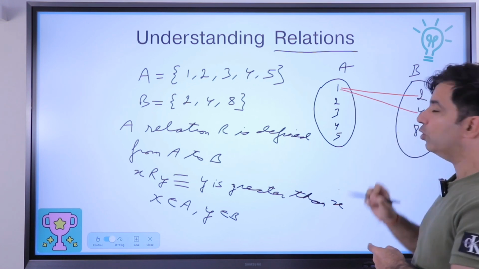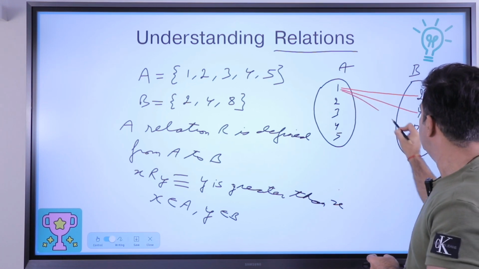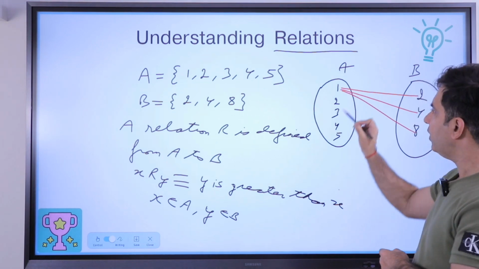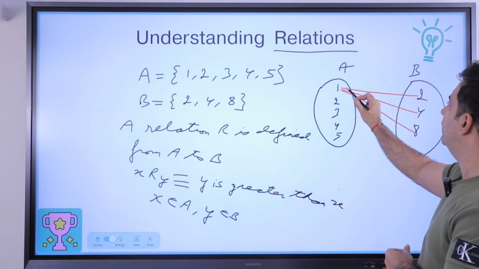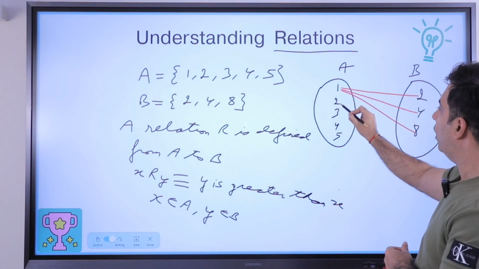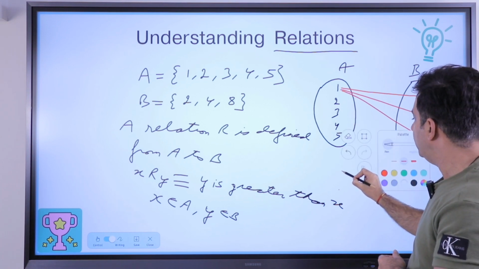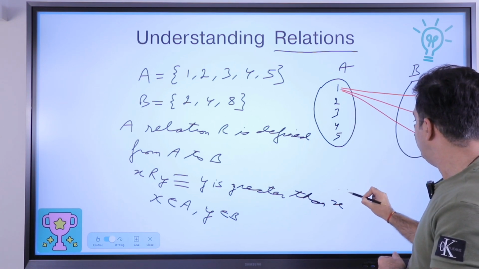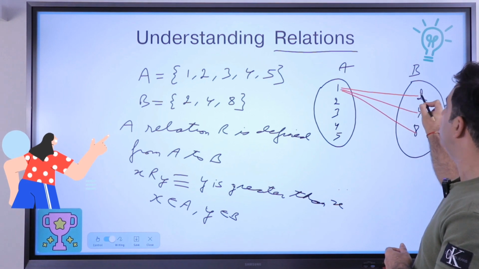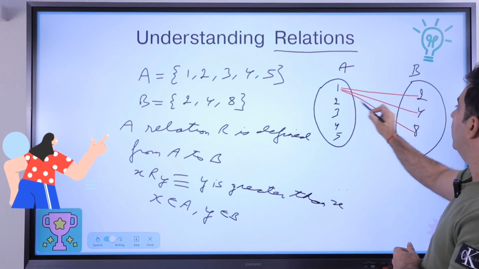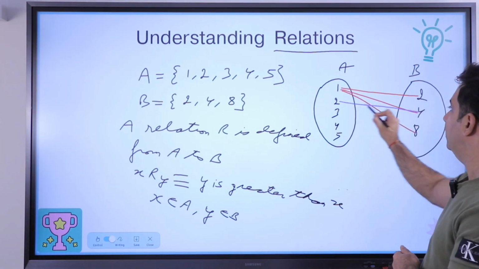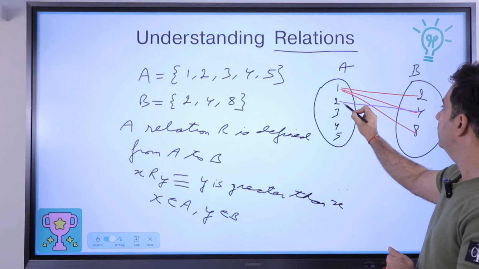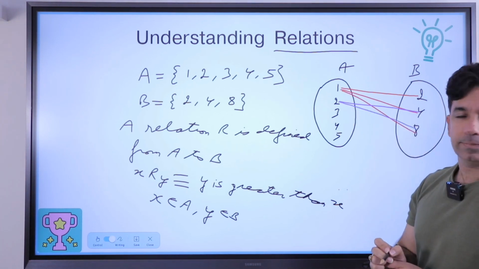Similarly, 1 and 4 are connected, and 1 and 8 are also connected. 8 is greater than 1, 4 is greater than 1, and 2 is also greater than 1. Now comes 2. In the case of this element 2, 2 is greater than 2 is not true. 4 is greater than 2 is true, so 2 and 4 are connected. And 2 and 8 are also connected.